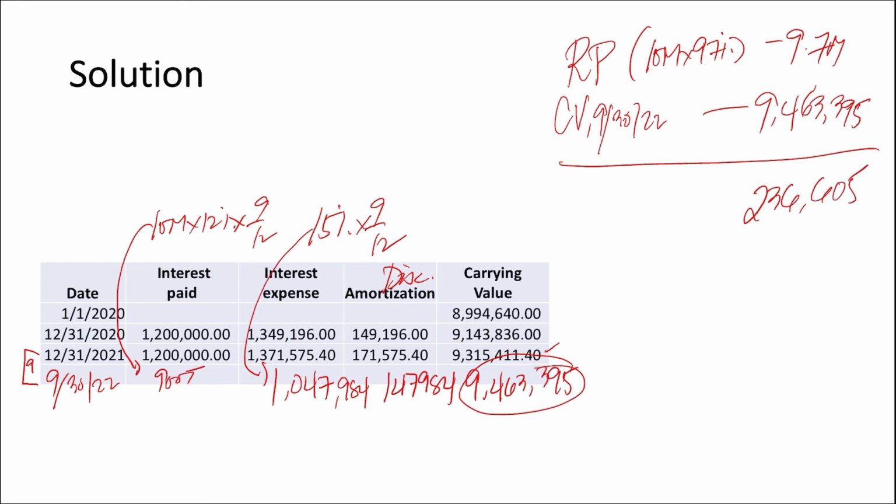Ano tawag natin dyan? Gain or loss? Since mas malaki ang retirement price, mas malaki binayaran niya. Therefore, you have a loss on retirement. Loss on retirement is 236,605.